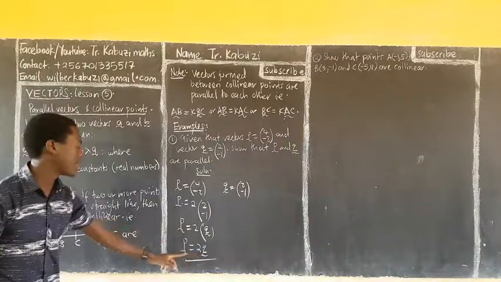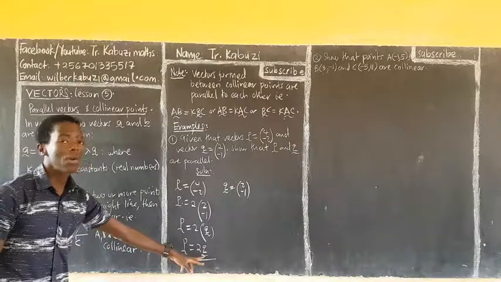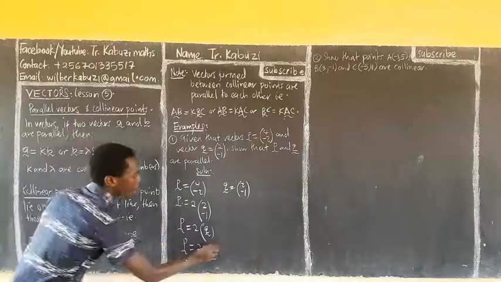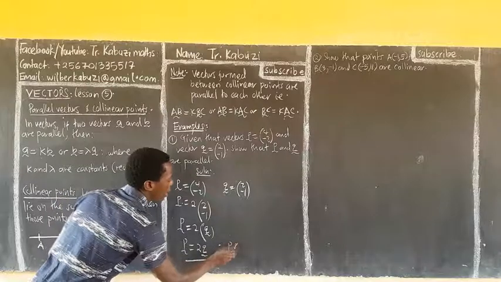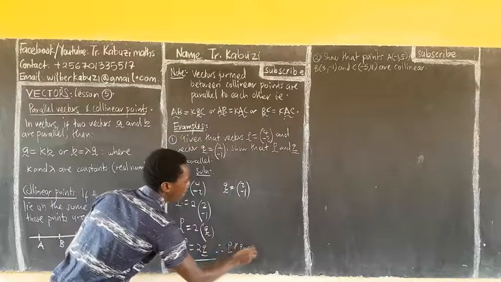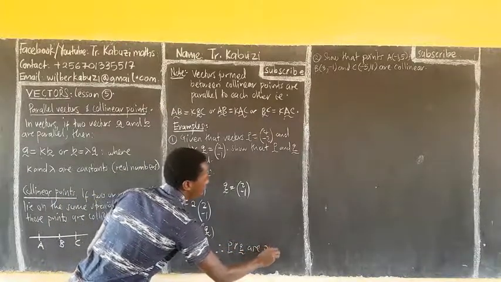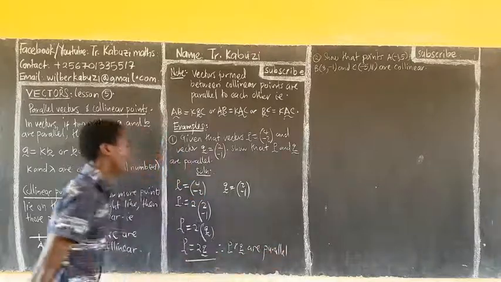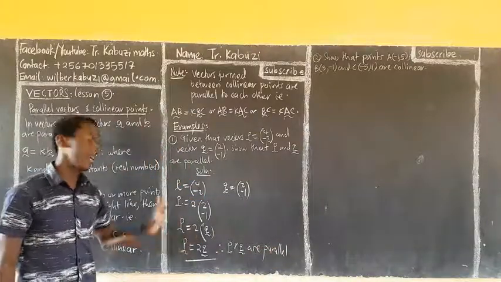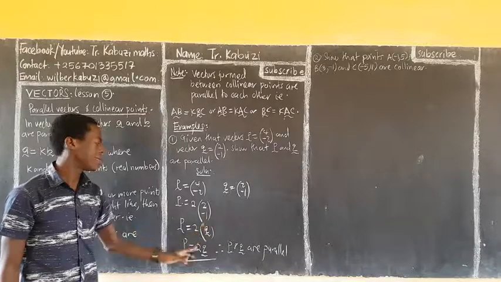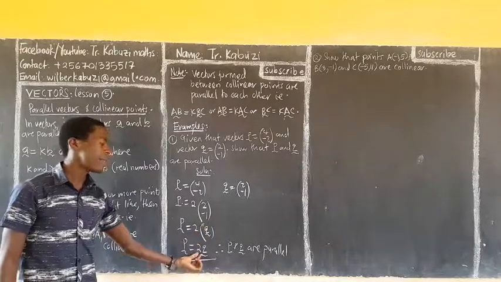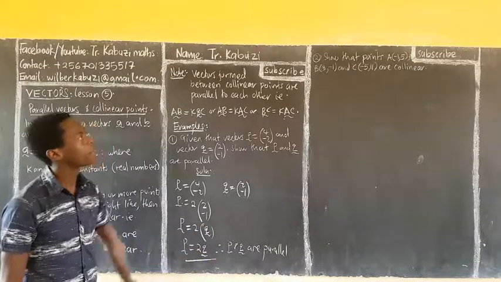This is what we mean. Now P is a scalar multiple of Q. So therefore P and Q are parallel. Even if you got a third, as long as these two can be scalar multiples, that is okay.